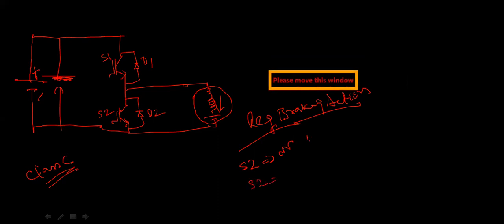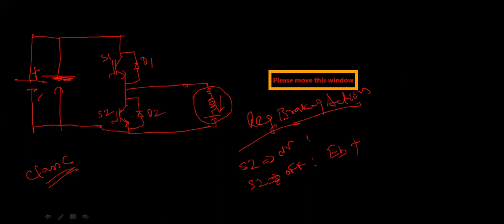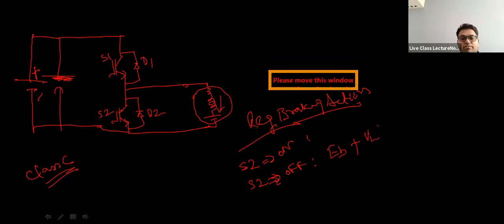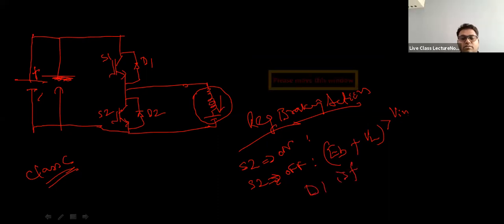And when S2 is switched off, it will become demagnetized. E back is actually adding up to the inductor voltage, and this is greater than the V in, right? If it is greater than V in, which diode will be forward biased? D1. D1 is forward biased, right?